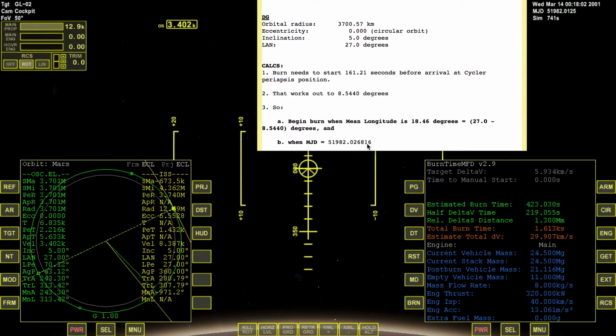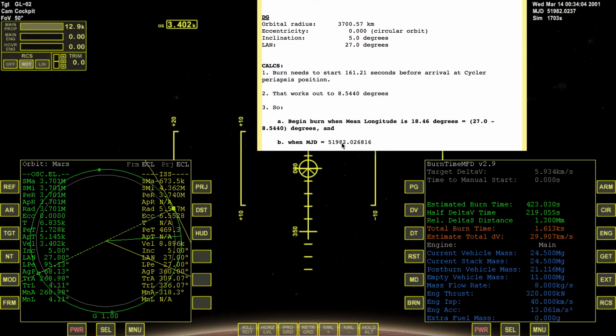We're not quite there yet. So, time for a bit of time warp. Let's go up to 10x, and let's go up to 100x. And we'll keep on going for a little bit further. Getting close now. Right, back to real time briefly.